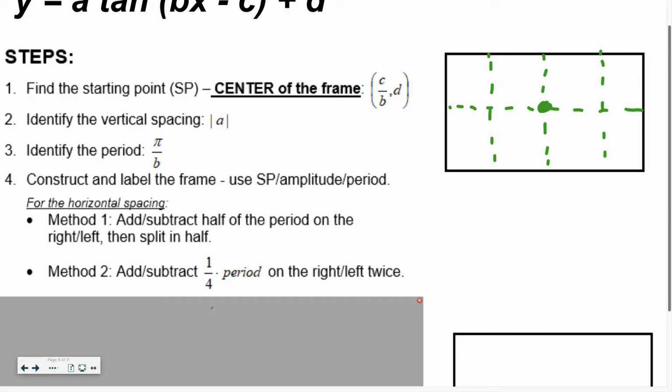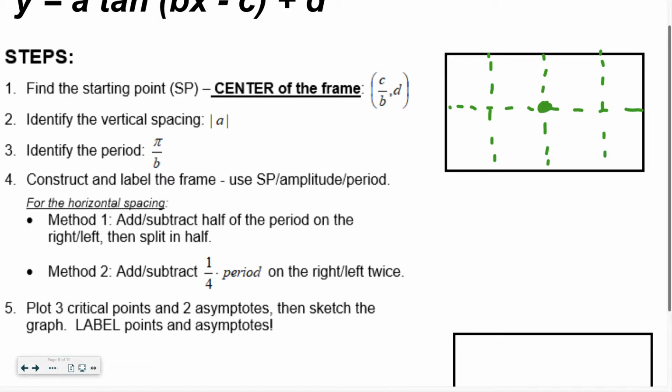Now let me leave this here. Okay. On the frame with a positive A, wherever your frame is, the edge is where the asymptote will go.